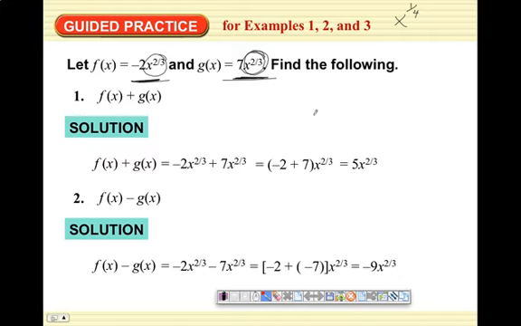So what is the domain of those two things? What is the domain of F plus G? Well, look at them individually. What's the domain of this thing right here, x to the 2/3? That's the cube root of x squared. Could x be positive? Yes. The cube root of a positive number?